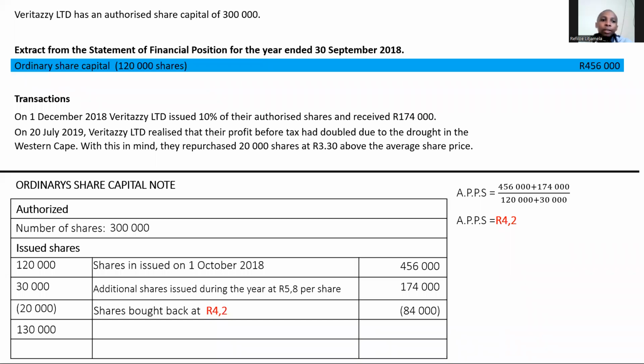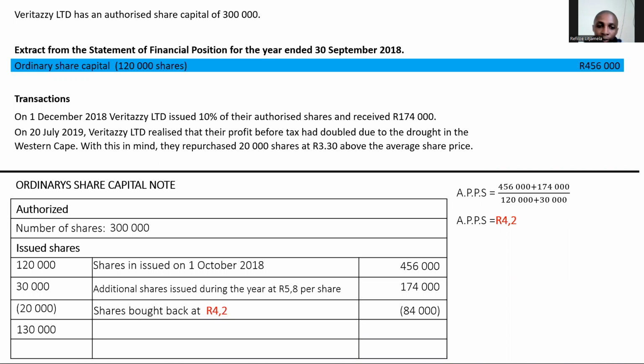Now, when you take that 130,000, please note that that 130,000 is simply the balance of the number of shares that we have left. And the share capital that will go with that will be 456,000 plus 174,000 minus 84,000.